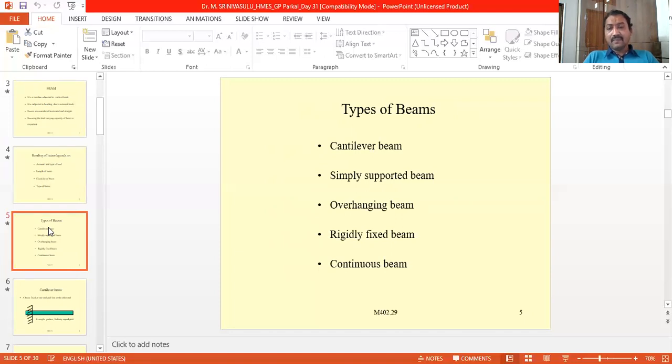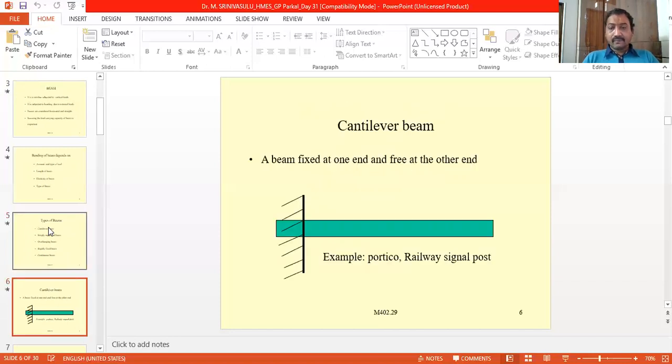They are: first one, the cantilever beam; second one, simply supported beam; third one, overhanging beam; fourth one, rigidly fixed beam, that is also a fixed beam; fifth one is a continuous beam. That we will discuss one by one in detail. So this is the beam.